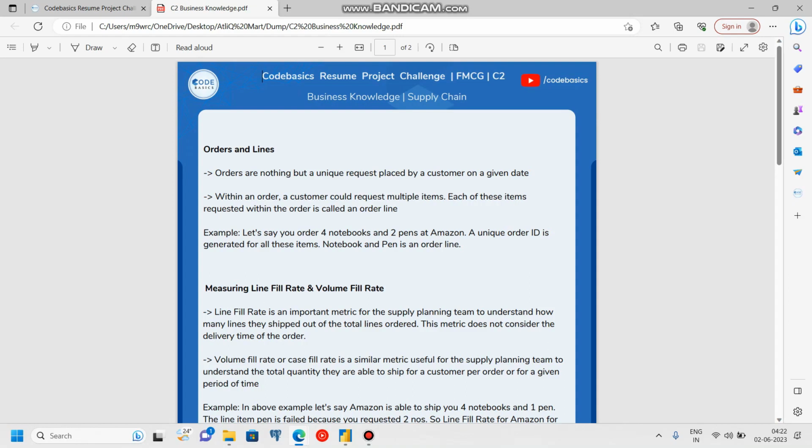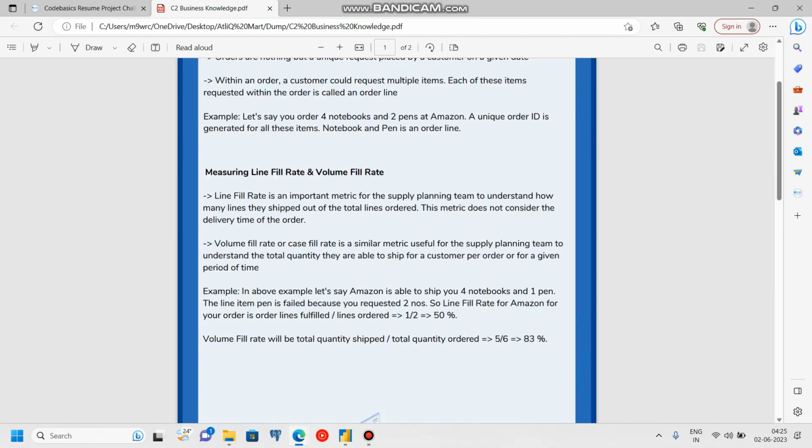So the request that I have placed to Zepto is an order, and a dozen eggs and 2 brown breads is an order line. Now, let's move on to another key concept called line fill rate and volume fill rate, referred to as LIFR and VIFR in the dashboard.